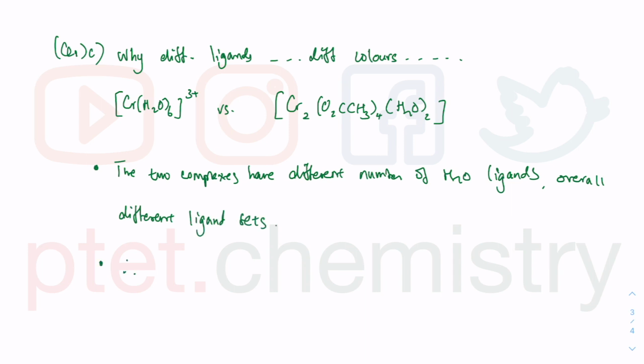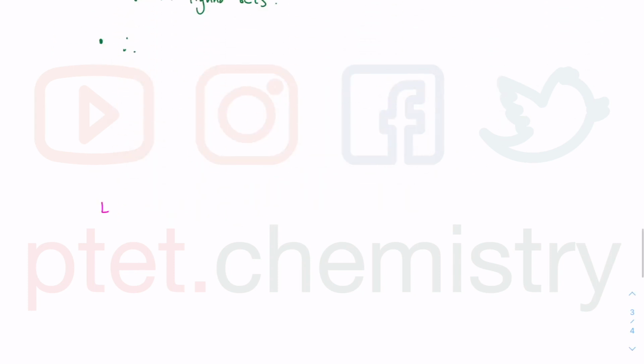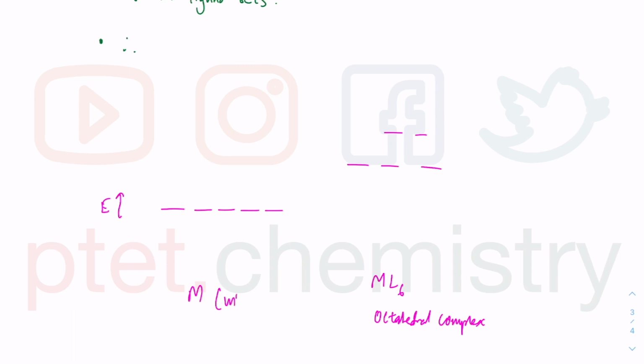We know that the d orbitals get split in the presence of ligand, like that in the octahedral complex, whereas they don't get split without any ligand at all.